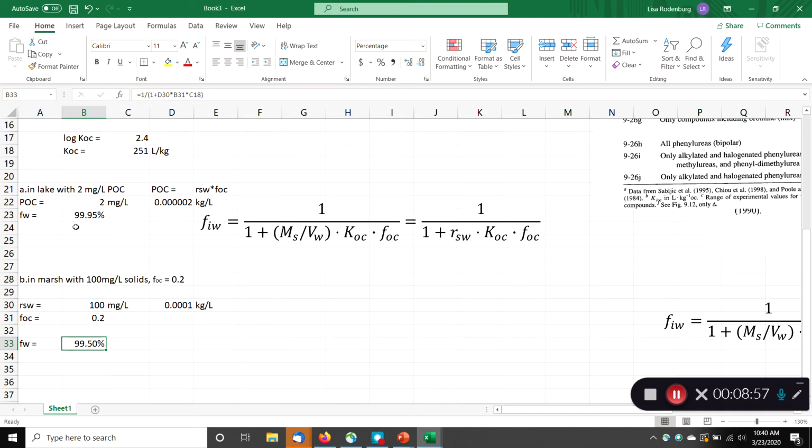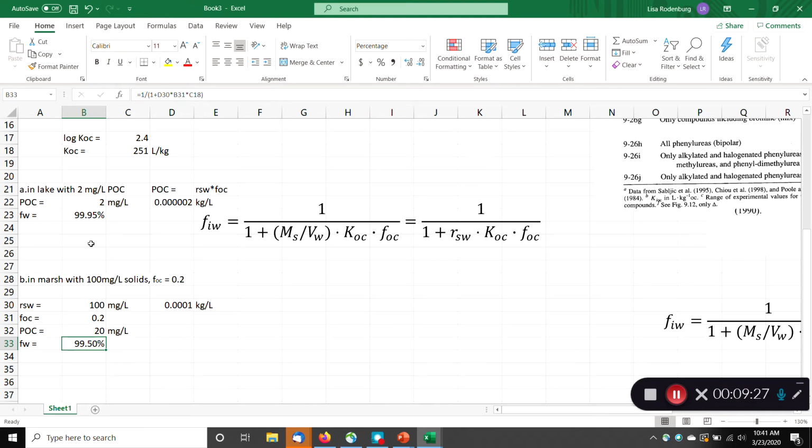Before it was 99.95%. To be clear, POC here would be RSW times FOC, so it's now 20 milligrams per liter. So it went from 2 milligrams per liter to 20 milligrams per liter, and the fraction that was dissolved really didn't change much, from 99.95% to 99.5%.